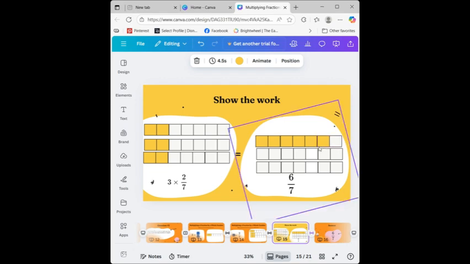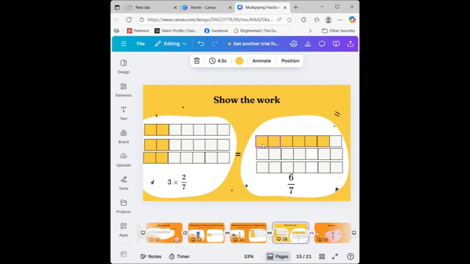And this is not all whole groups. We see that. So that's how we know it's going to be a fraction, because it's mostly unshaded with shaded parts.